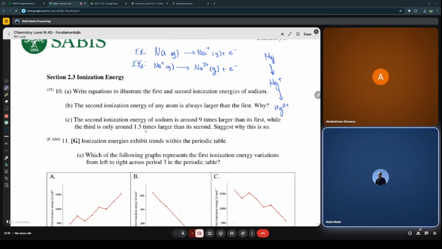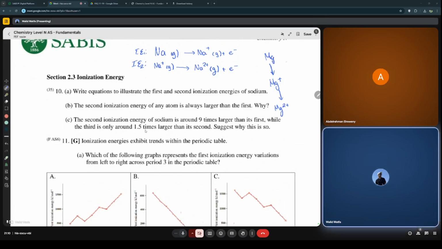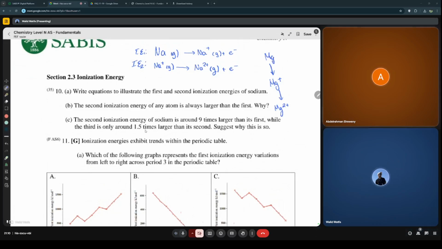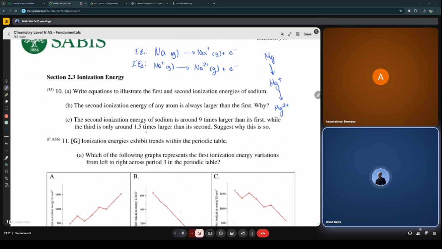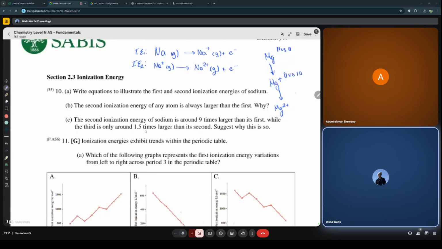Does it relate to the core electrons? Not really, it's related to nuclear charge. Let's think about the same example I gave you with the football team. Here we're playing 11 versus 11, so no one's winning. Here we're playing 11 versus 10, so the 11 is winning.